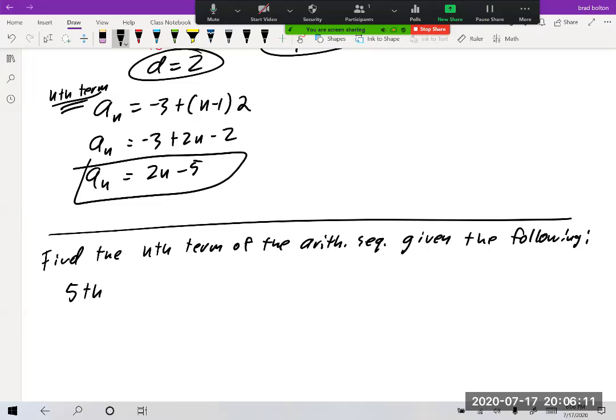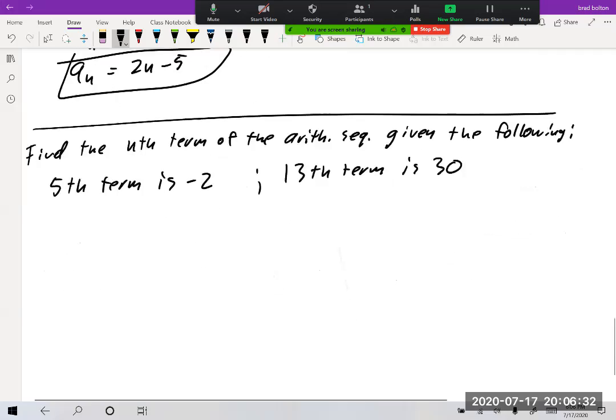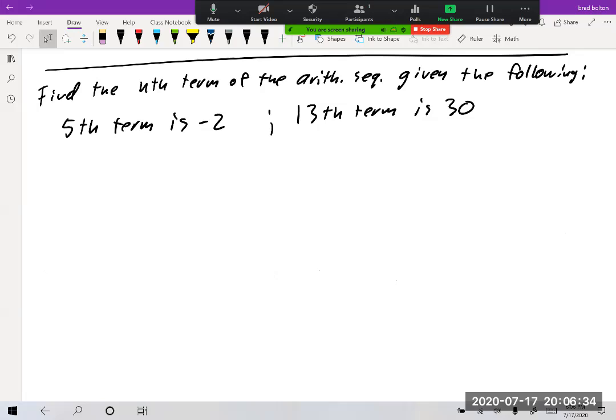The fifth term is negative 2, and the 13th term is 30. Now there's other ways to do this, where you can just kind of count down in your head, but I want you guys to try to do it this way. So give this a shot, pause the video, do it the same as the previous problem, and let's see what happens.